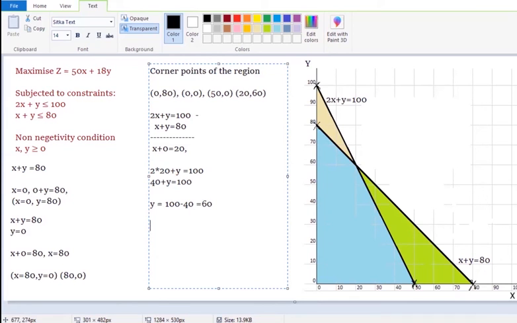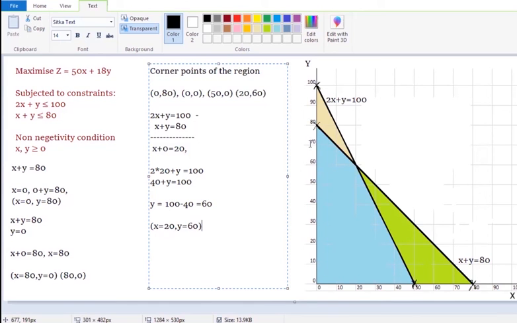The intersection of these two lines is x equal to 20 and y equal to 60. So that's what I have got here. So 0, 80, 0, 0, 50, 0 and 20, 60. These are all the 4 corner points of the region.